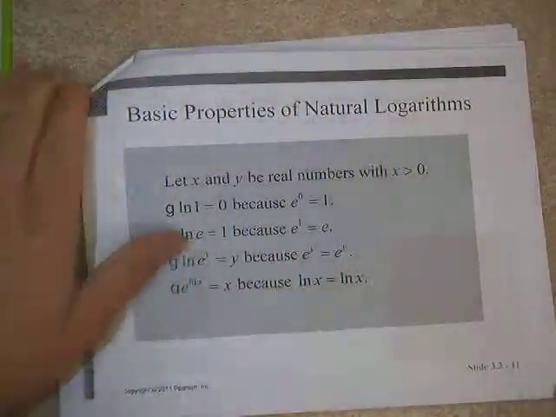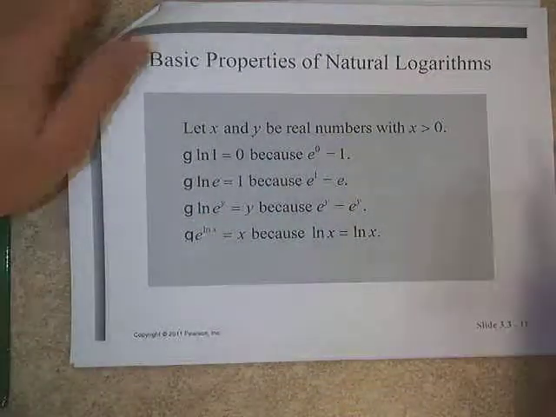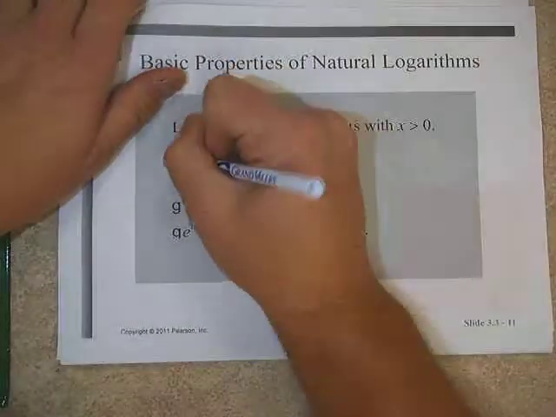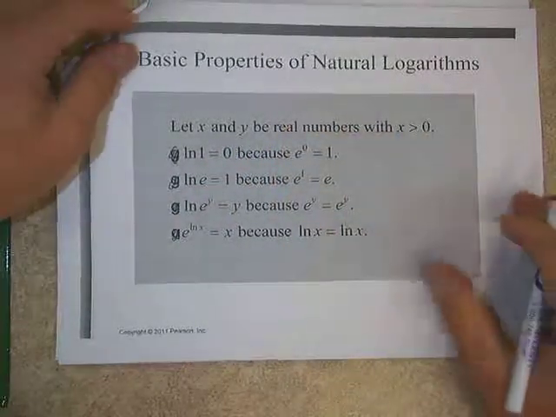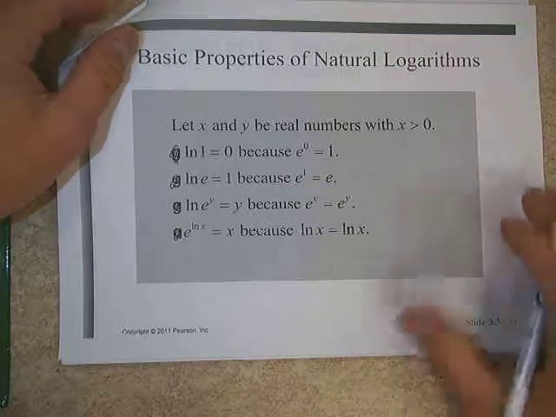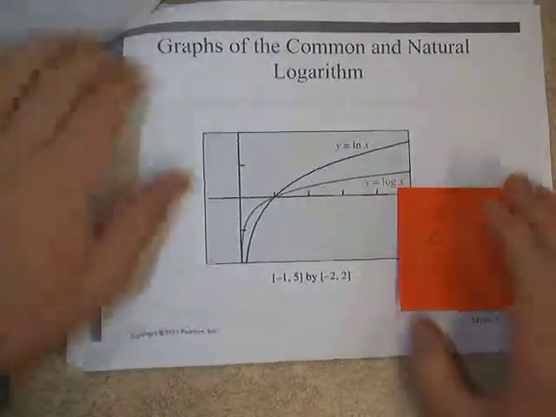So let's look at some issues regarding natural logarithms. Once again, natural logs follow the same rule set as we had originally for any logarithms. These are just written specifically for the base e, but they are just applications of the same rules that we looked at earlier.